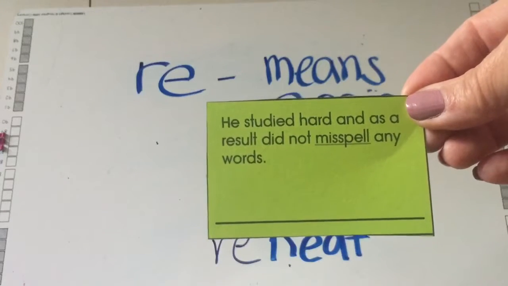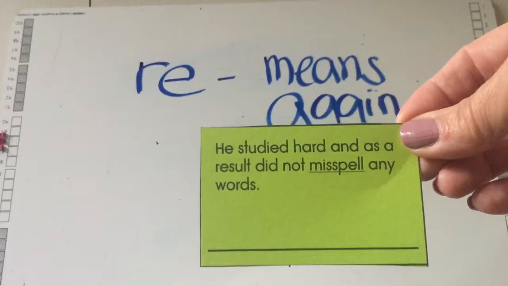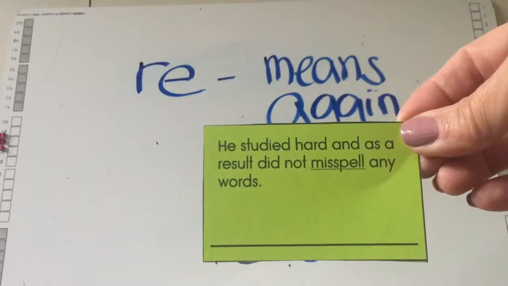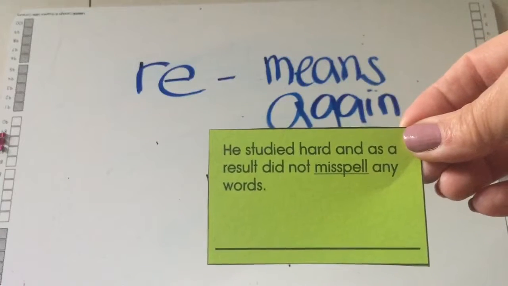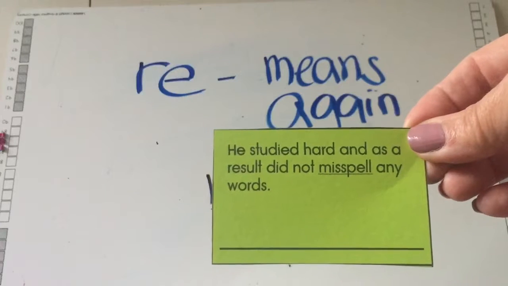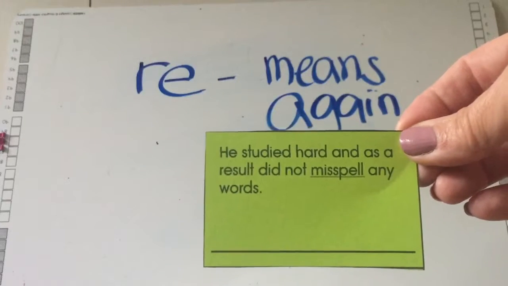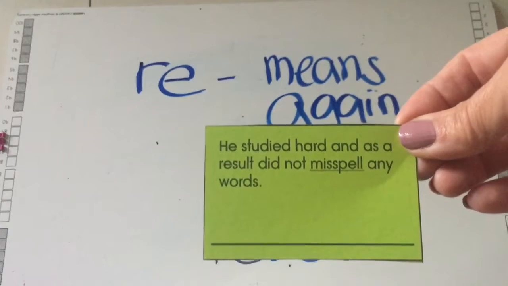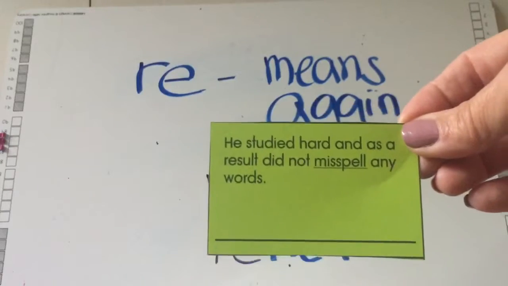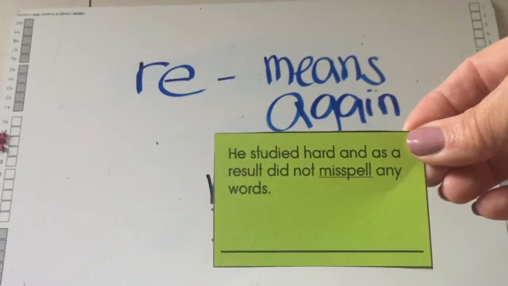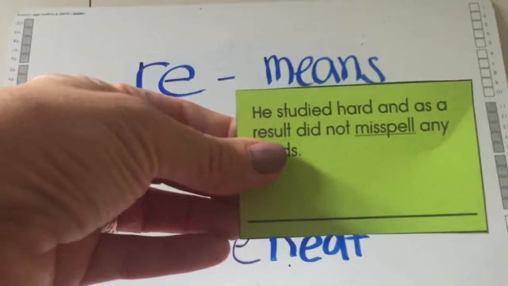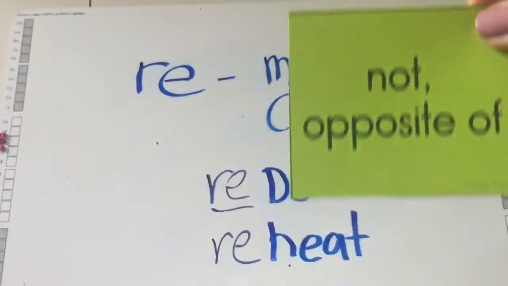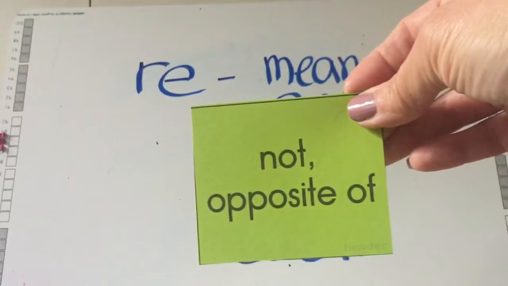You should have 3 piles. So you're looking for sentences that have different words with the same prefix. And after you do that, you're going to try to figure out, what does that prefix mean?